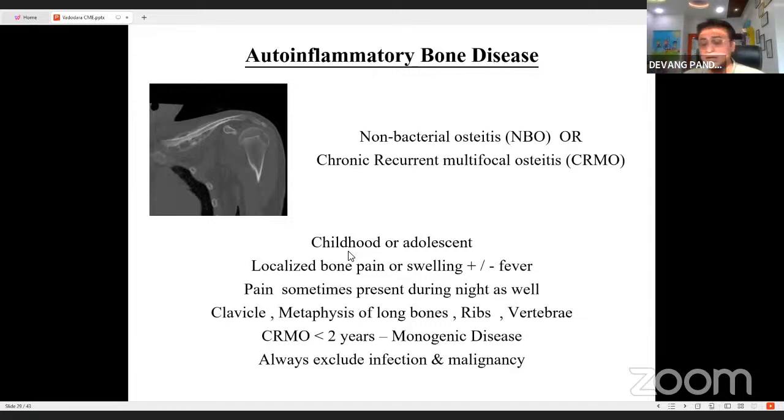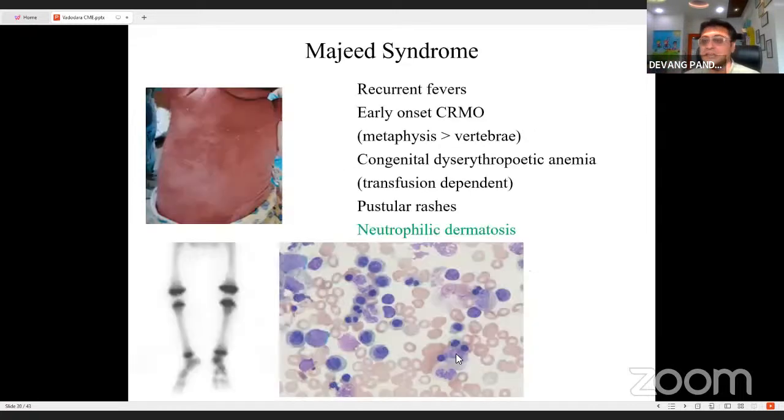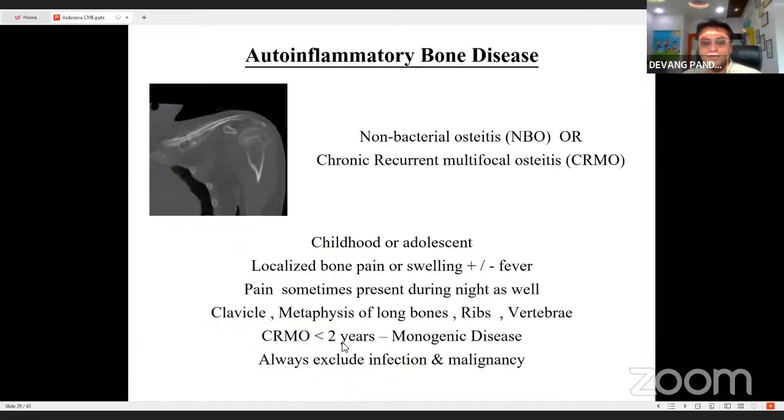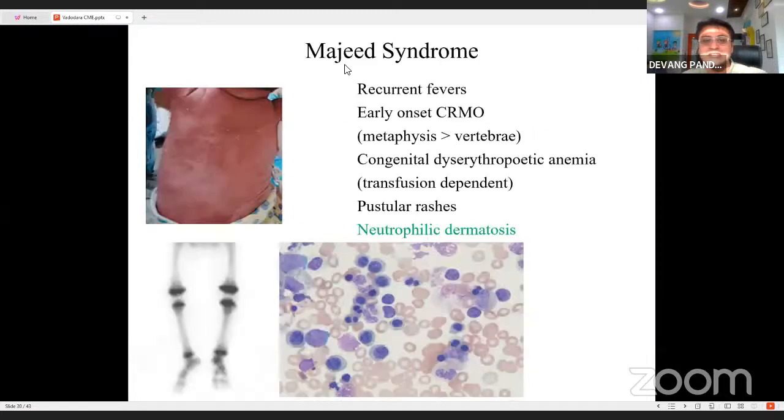So the axial involvement. And if this presentation occurs in less than 2 years, again you have to get genetic analysis. And before jumping to non-bacterial osteomyelitis, we have to exclude unusual infection and malignancy. Now, in CRMO in less than 2 years, there is one syndrome known as Majeed syndrome, which presents with recurrent fever, this type of CRMO picture, and the differentiating feature is congenital dyserythropoietic anemia, which can easily mimic thalassemia.